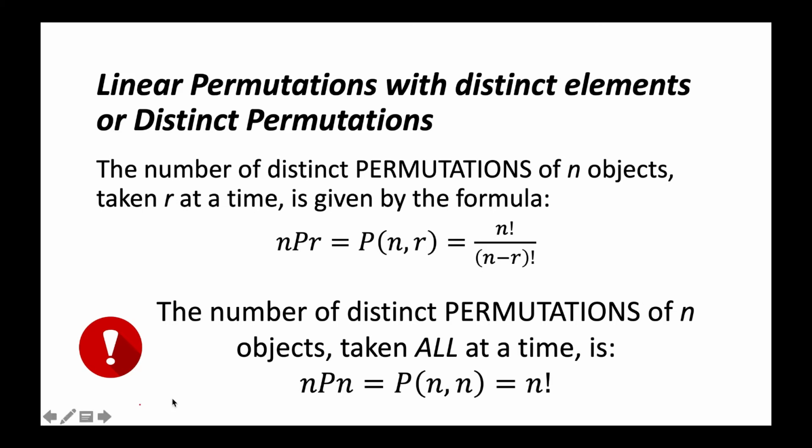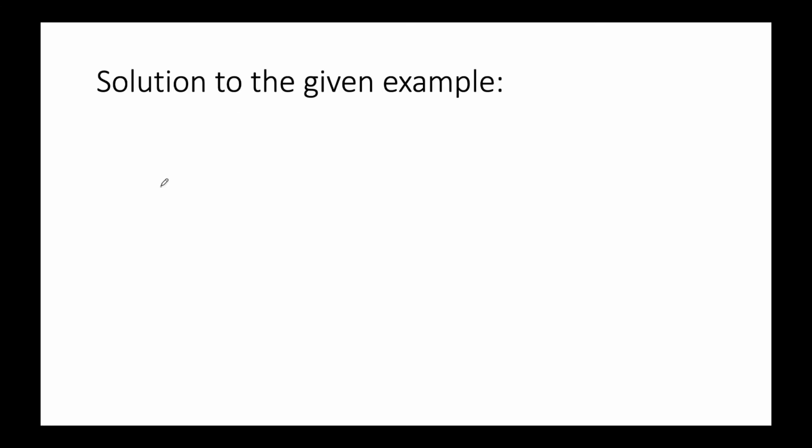Now that we have the formula for linear permutations with distinct elements, let us use this formula in answering our previous problem. So, let us recall the problem. We know that we have a 5-item matching type test with 5 choices. So, imagine having a 5-item test with 5 choices.